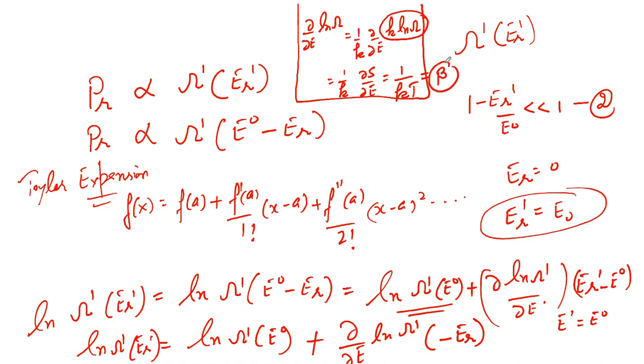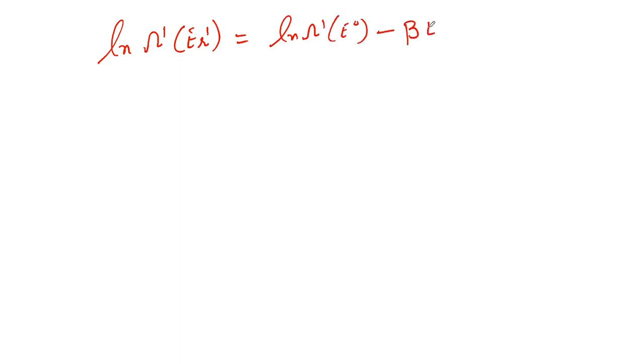So the derivative of log of omega over E becomes this beta function, and we can rewrite our equation as log of omega dash, that is equal to log of omega dash for this composite system minus B into ER.